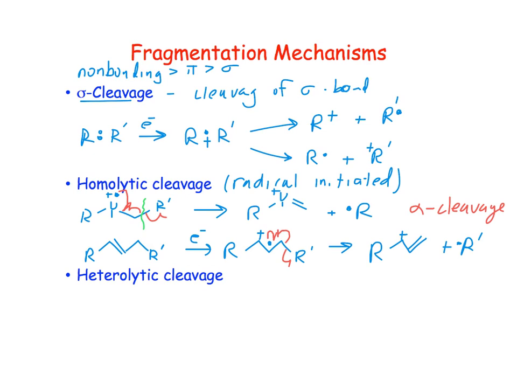All right, so a heterolytic cleavage is where a pair of electrons go to one side, right? So we can have the same type of cleavage if we have ionization on a heteroatom, but this time this is going to be cation initiated.